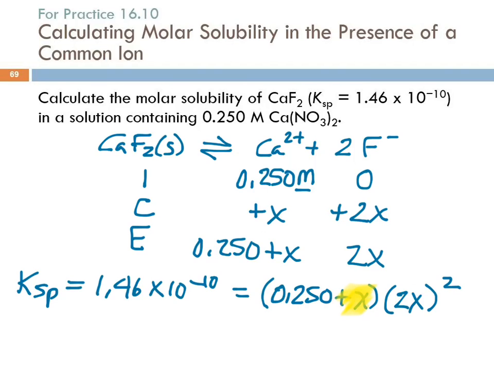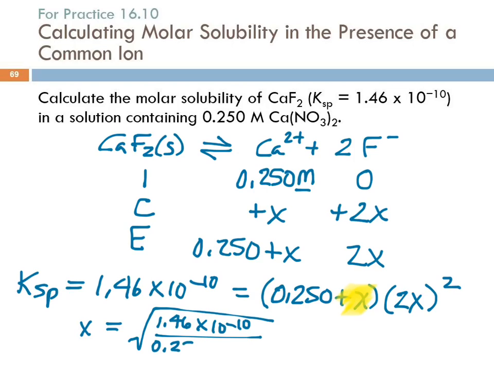So now I'll write this out, but not with the highlighter because that doesn't work very well. X is going to equal the square root of 1.46 times 10 to the minus 10 divided by that 0.25 and divided by what? 4.